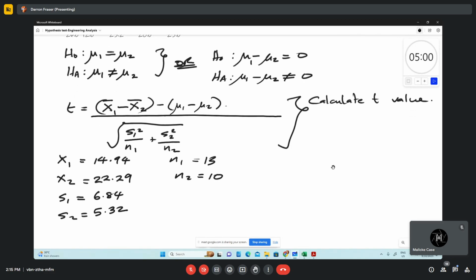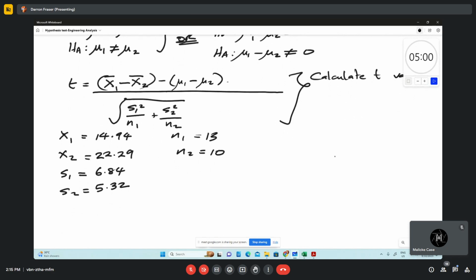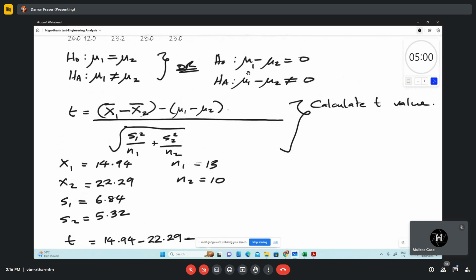All right. So we can fill in the values here now. So T is equal to 14.94 minus 22.29. It didn't matter which one we call X1 and X2, as you will see in a minute. Now, here's the thing. These two means, according to our null hypothesis, the difference is supposed to be equal to 0.